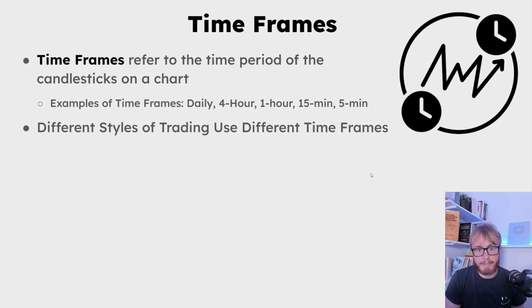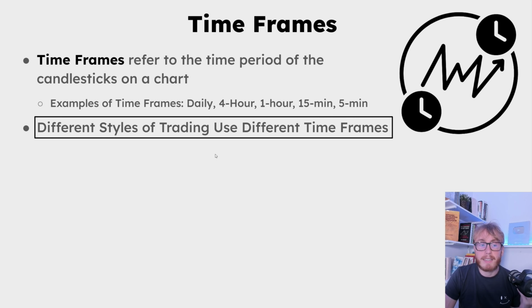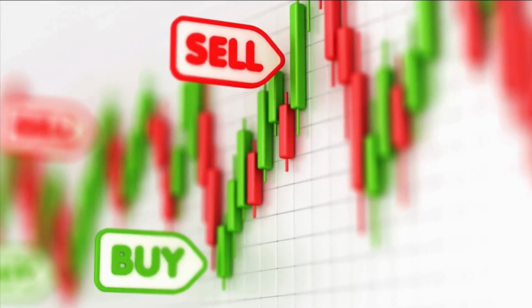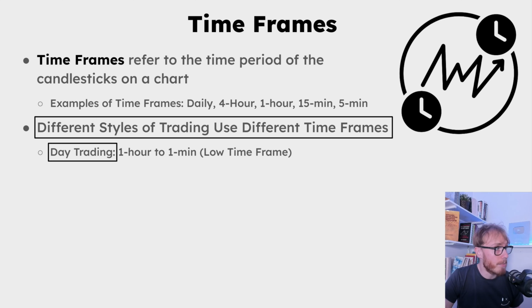But now, when it comes to time frames, different styles of trading use different time frames. For example, day trading is a style of trading where you buy and sell within the same day. Because of this, day traders usually use time frames from maybe 1 hour all the way down to, for example, 1 minute.